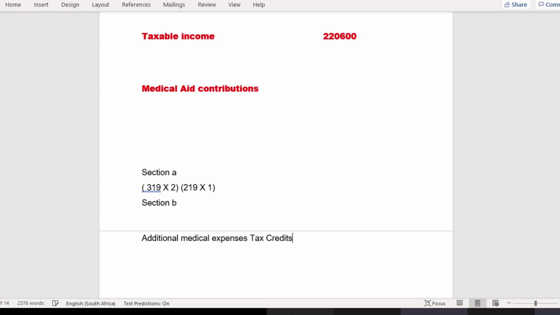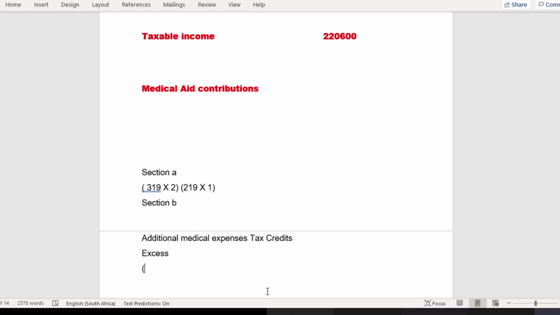And what else? How do you calculate your excess? I think we're going to have to add all the money that she has paid that the medical aid didn't pay on her behalf.